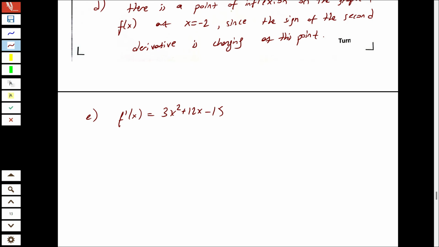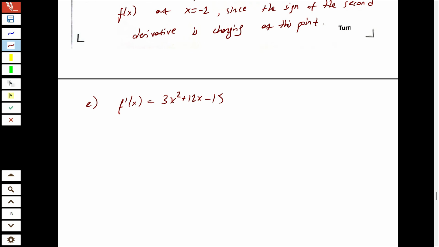So to find f of x, we're going to write the integral of this function, 3x squared plus 12x minus 15. It will be x to the power of 3, the integral of 3x squared, plus the integral of 12x will be 12x squared divided by 2, minus 15x plus c.